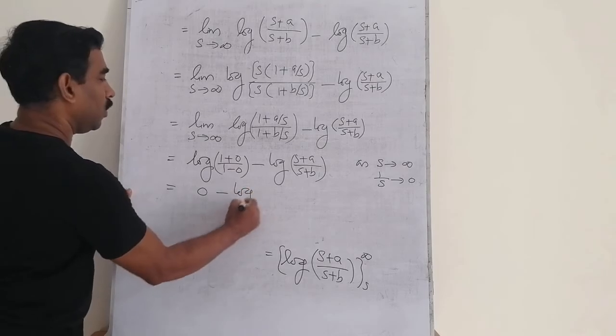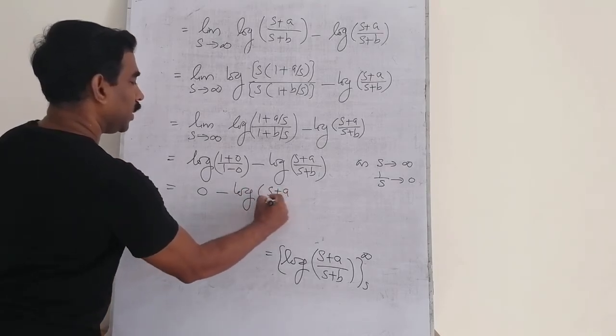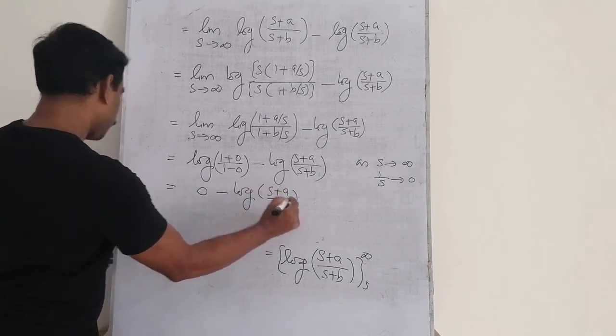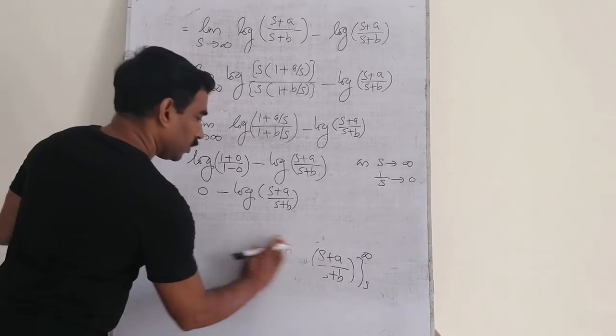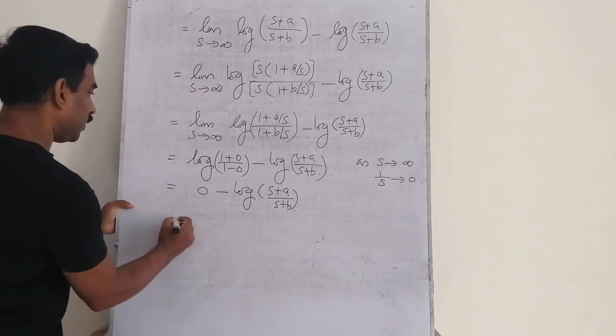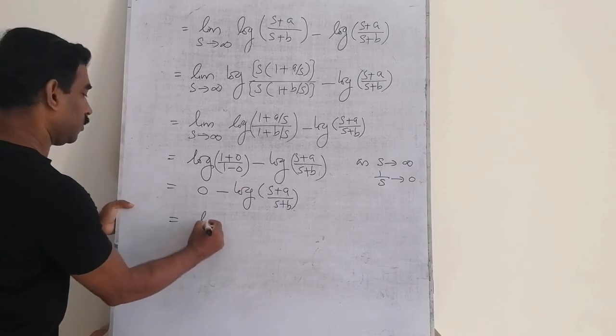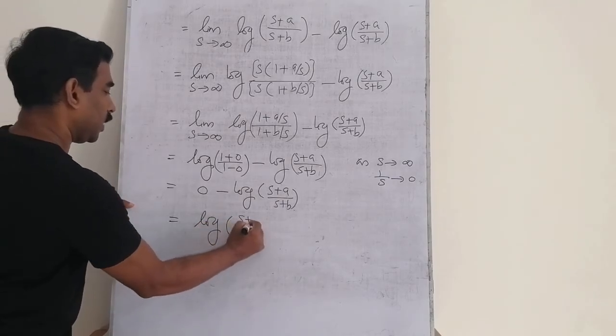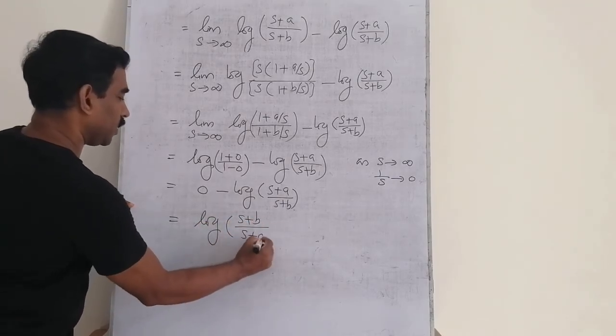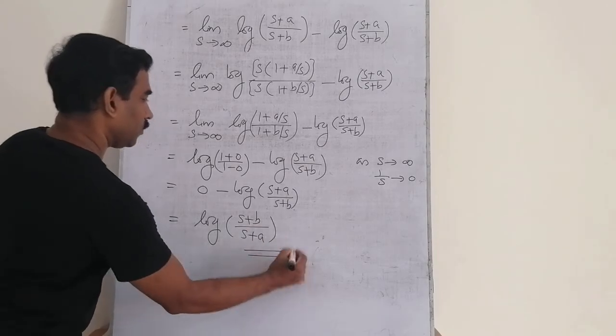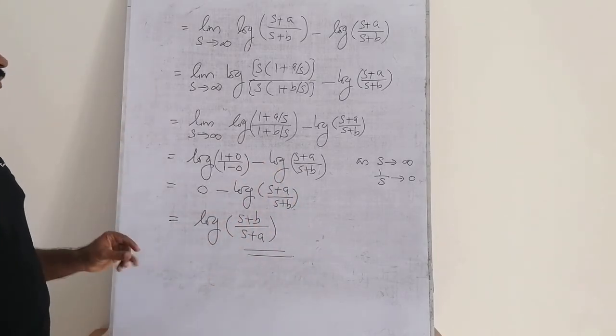So 0 minus log of (s plus a) divided by (s plus b), and we can simplify this expression as log of (s plus b) divided by (s plus a). So this is the required transform.